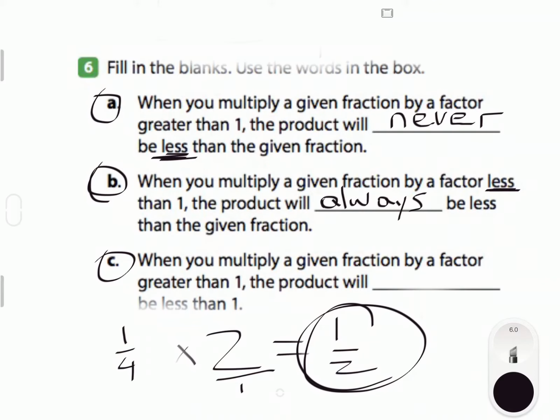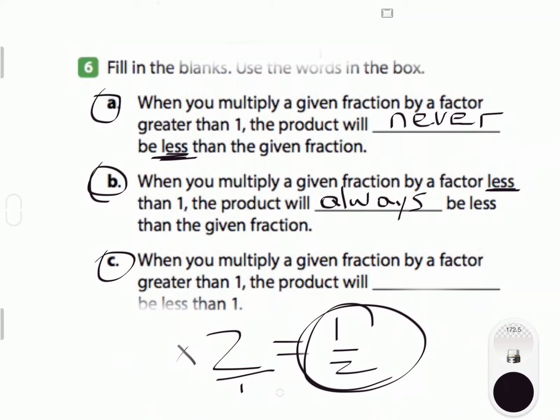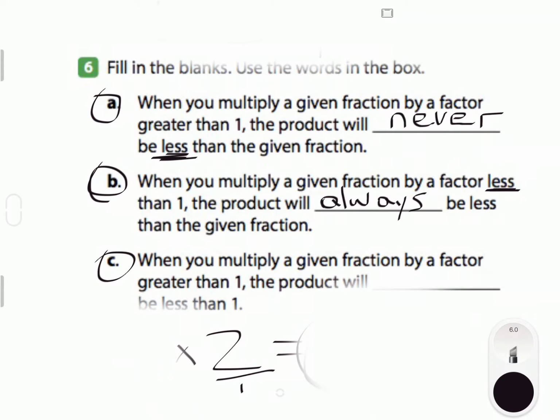But I could give you another given fraction, some other one. Instead of 1/4, let's make it 3/4. Why not? 3/4 times 2, because 2 is just some factor greater than 1. So 3/4 times 2 is going to be equal to 6/4, which is the same as 3/2, which is 1 1/2.